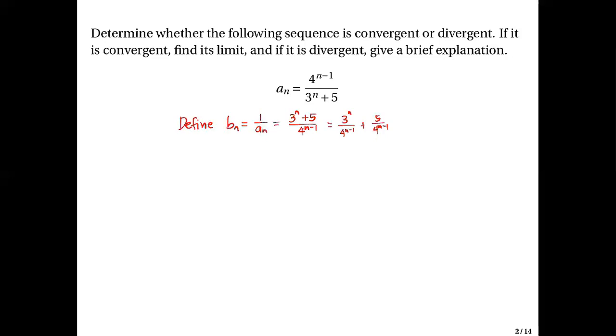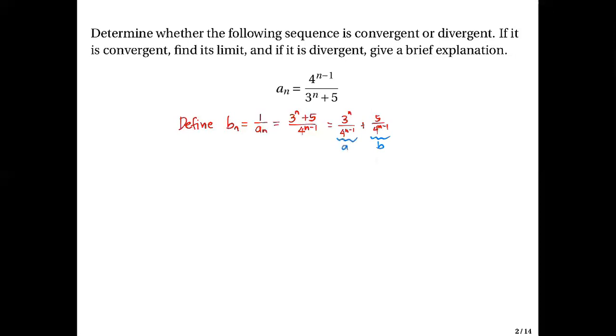So what we're going to do is to find the limit of this b sub n. And once we know the limit of b sub n as n approaches infinity, we will be able to find the limit of 1 over a sub n, and therefore we will get the limit of a sub n. Now let's label this as our a, and this guy here as our b.